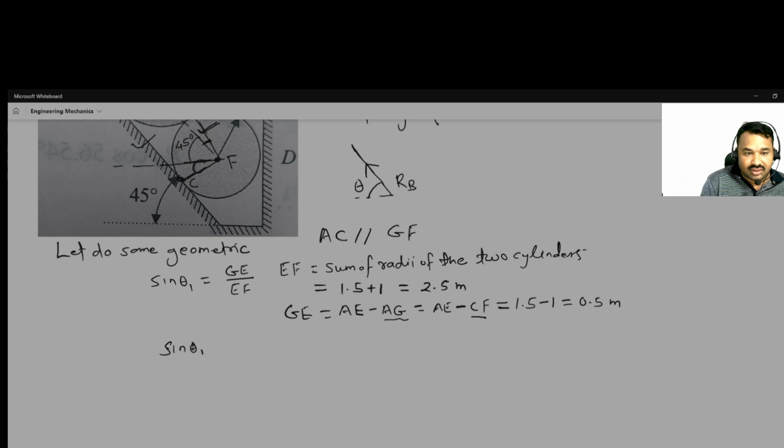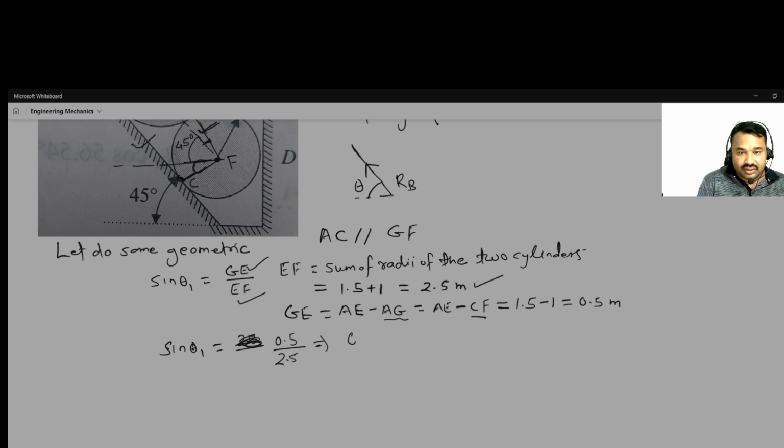Okay, so from here we can easily get sine theta 1 is equal to GE over EF. Sorry, GE is actually 0.5, and EF, this one, is 2.5.